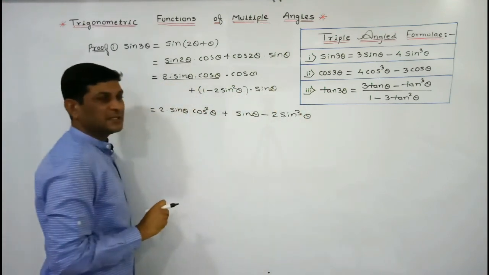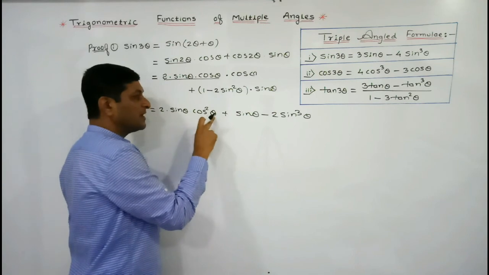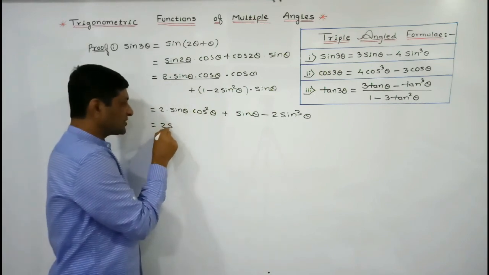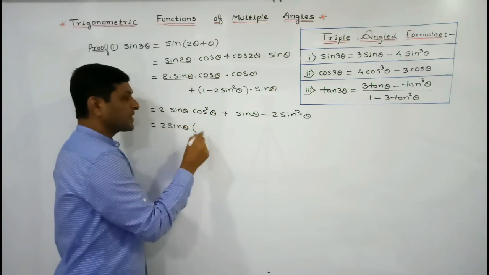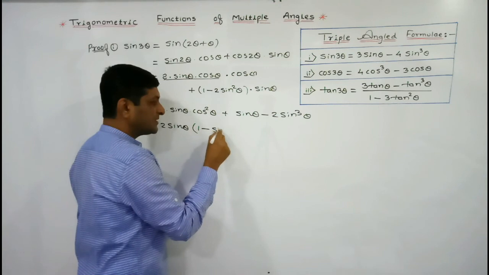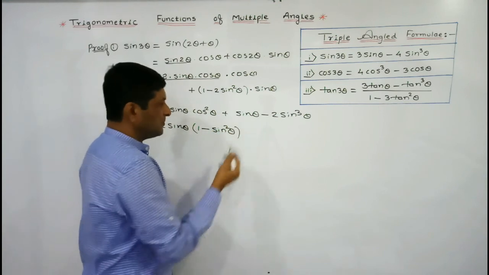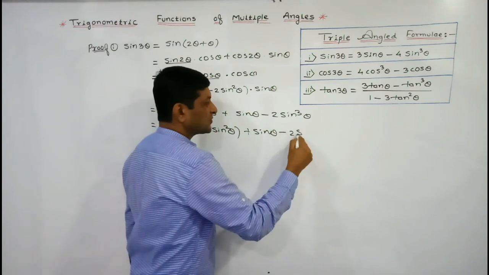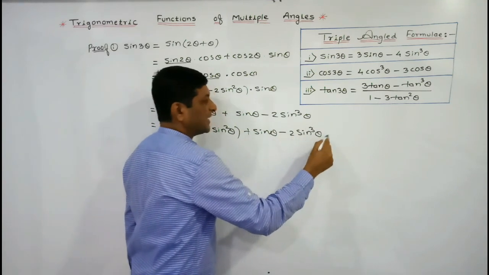Since our required result is in terms of sine, we are converting this cos square in terms of sine. So here 2 sin theta, keep it as it is. According to the identity, cos square theta can be replaced by 1 minus sin square theta, plus sin theta minus 2 sin cube theta, keep it as it is.